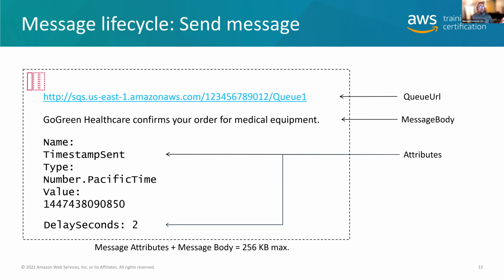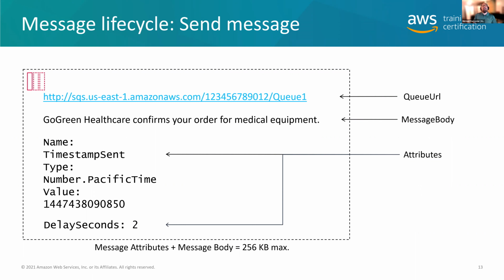One thing to note here is the maximum message size. You may remember that a single row, or item, inside of DynamoDB was limited to 400K. Just so you're aware, in SQS, the maximum message size by default is 256 kilobytes, so 256K.